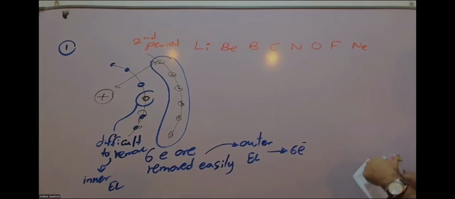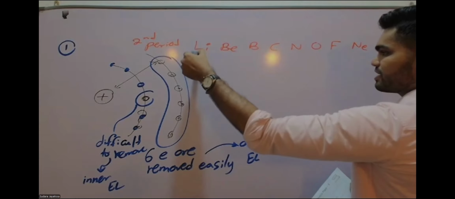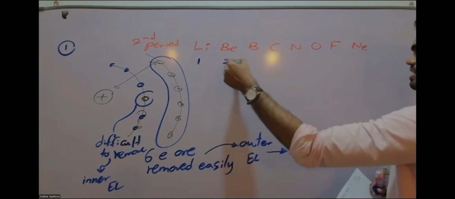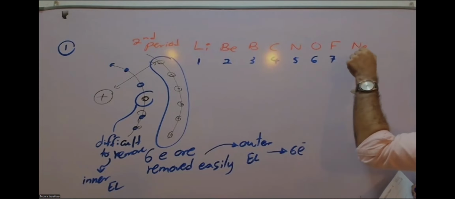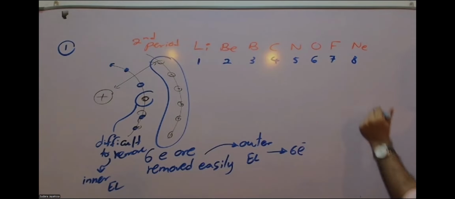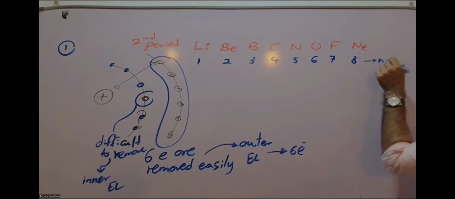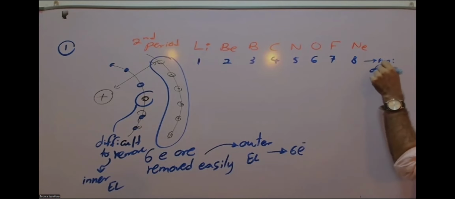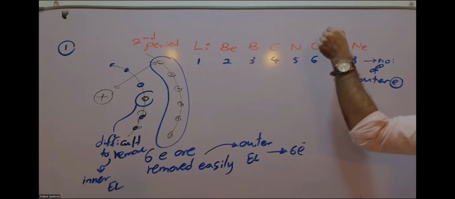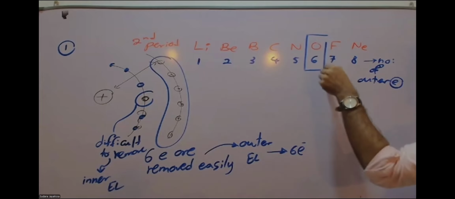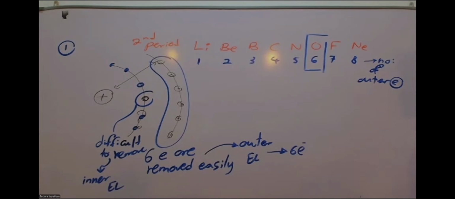If you take lithium, lithium has only one electron in the outer shell, then two, three, four, five, six, seven, eight. These are the numbers of outer electrons. So you have six outer electrons in the element oxygen.